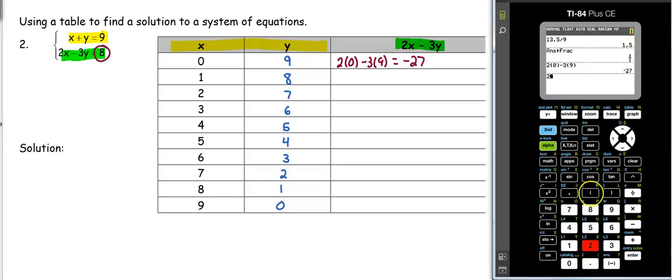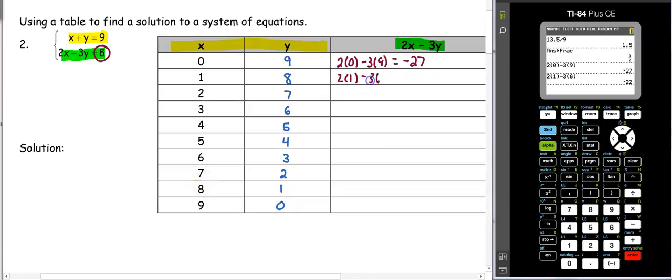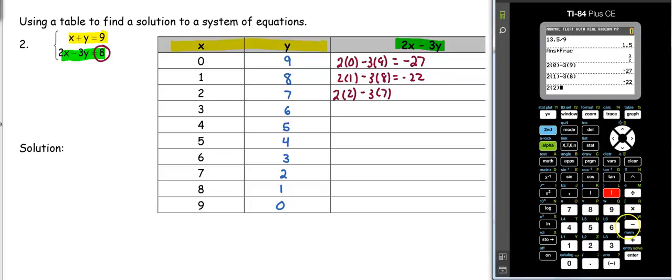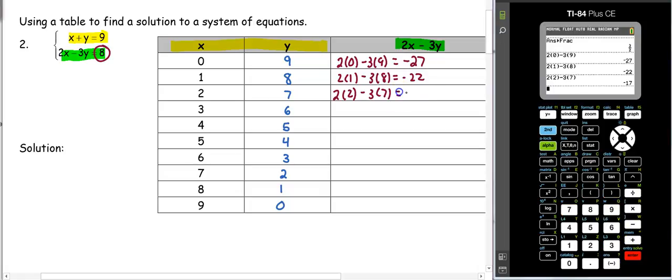So now we're going to do 2 times 1 minus 3 times 8, and that gets us negative 22. So we're going to keep going. So now we have 2 times 2 minus 3 times 7, and we get negative 17.